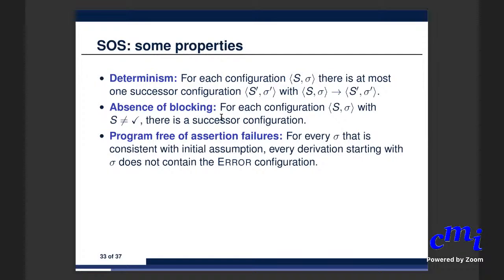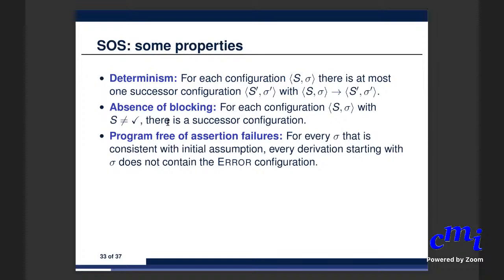Okay. So you can then state and analyze properties, such as absence of blocking. If you want to show that my semantics captures all the behaviors, then maybe you want programs to terminate with the final configuration.